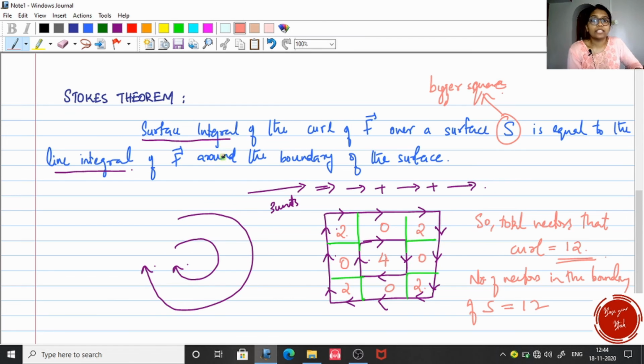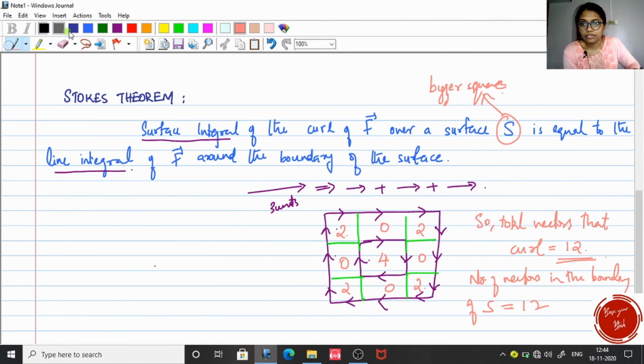Now, let us put the same statement into a mathematical equation. That is, surface integral of the curl of f: surface integral means it is the double integral, curling means it is del cross f. And you can see that the curling happens in a plane.